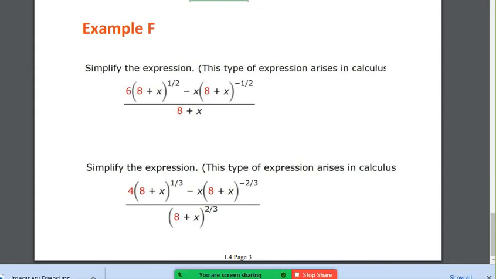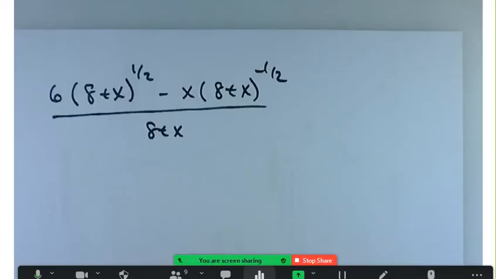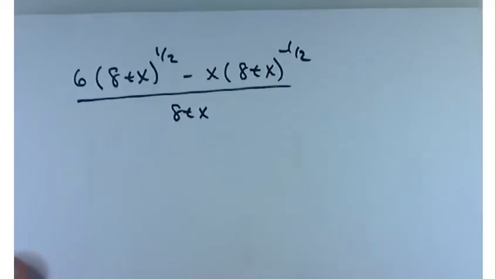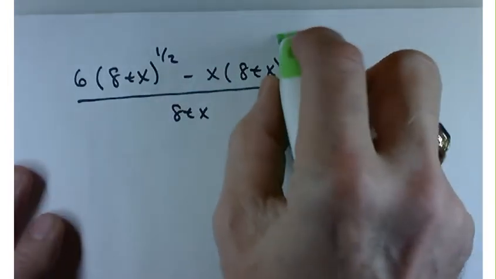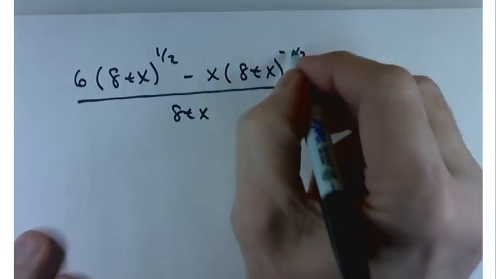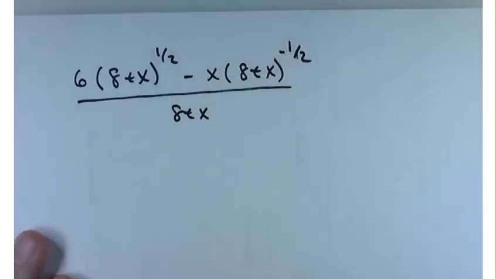So I'm going to switch screens here. Here's a problem I just copied down. Now there's a trick in simplifying this, and it actually will simplify pretty nicely, much more than you might think.